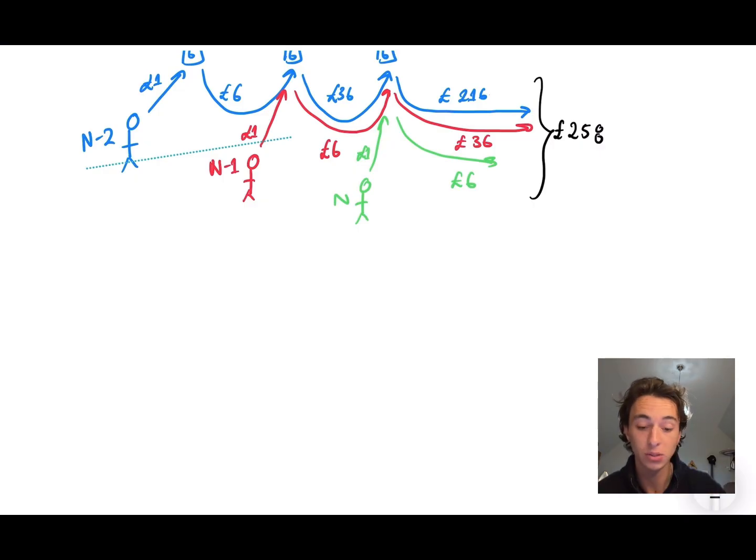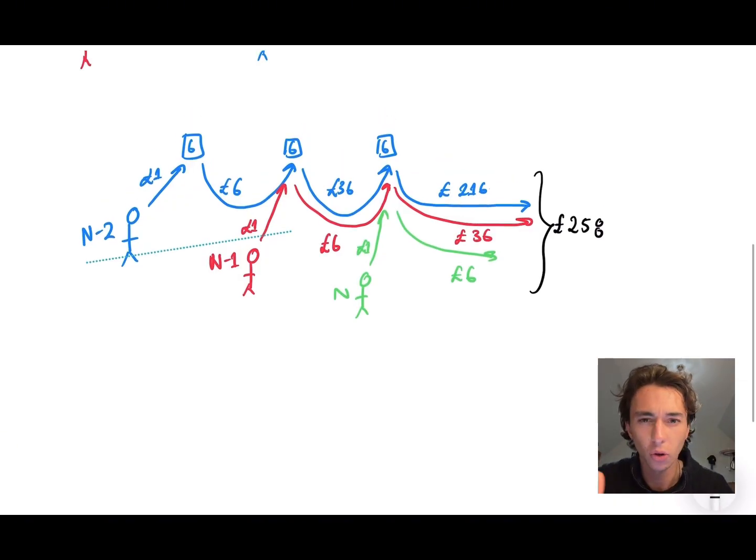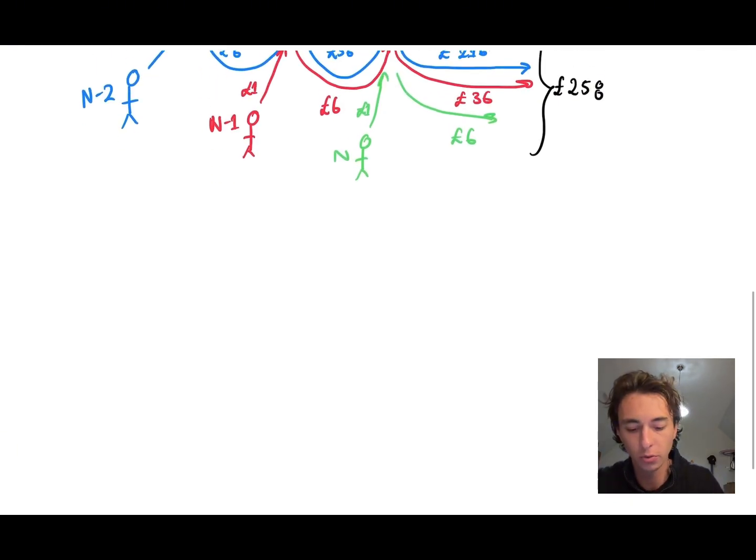That is what happens when we lose, or when we get 6, 6, 6 consecutively. And until then, any money that is won, if there is a 6, is given straight back to us on the next roll when it's not a 6, or the roll after. So what do we know about this game? We know that the payout is 0 up until the final 3 rolls, where we pay out 258.